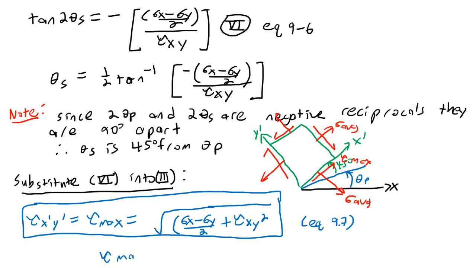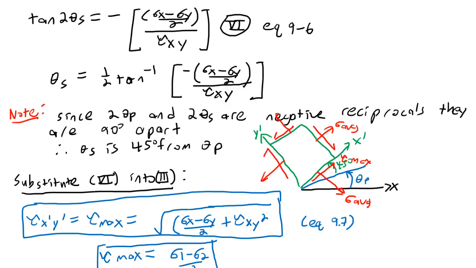Alternately, if we already have the principal stresses and we just want the maximum shear stress, tau max is sigma 1 minus sigma 2 over 2. In other words, the maximum shear stress is equal to half the difference of the two principal normal stresses.